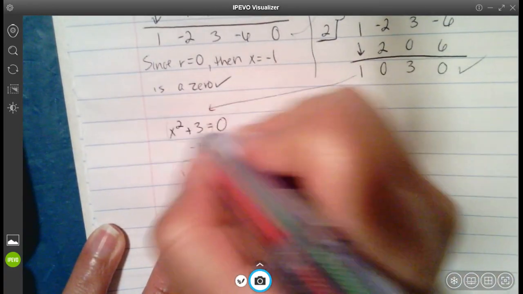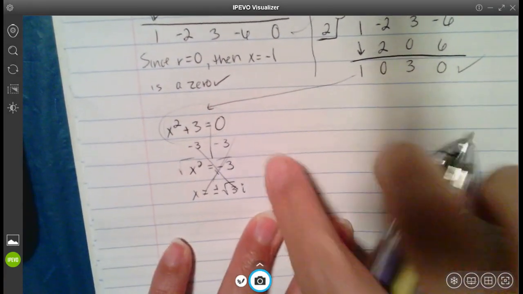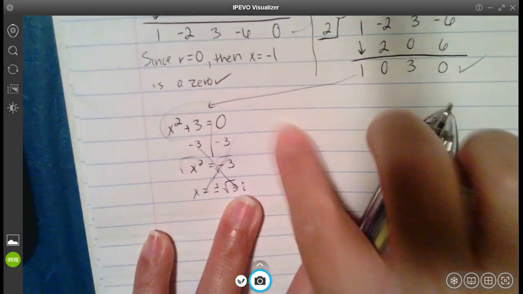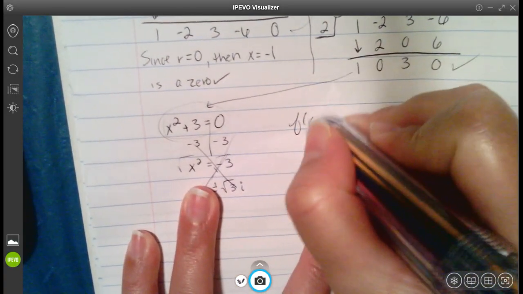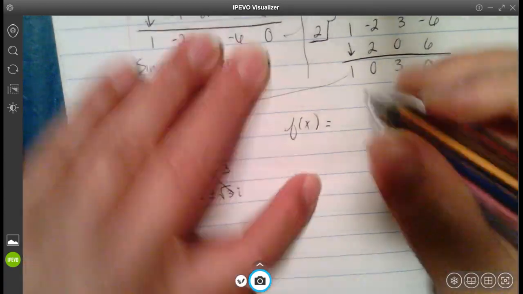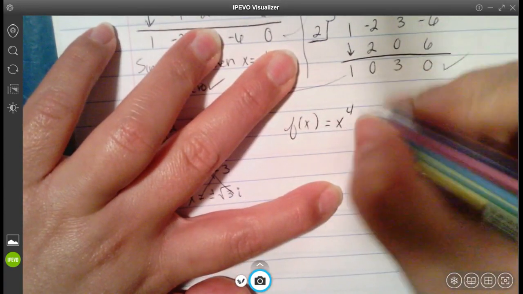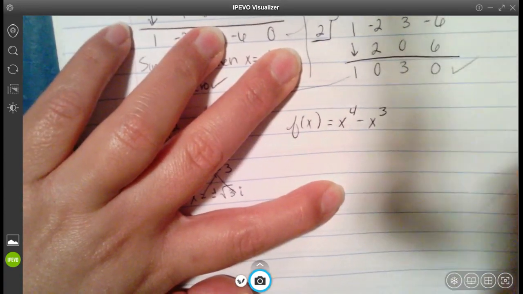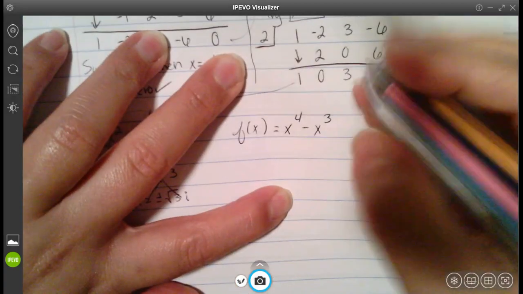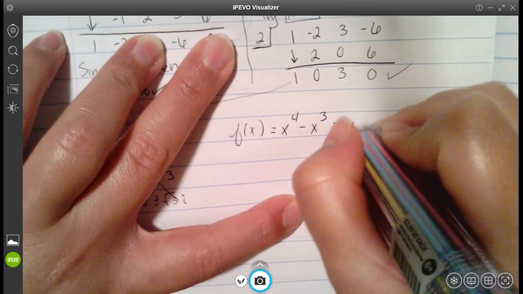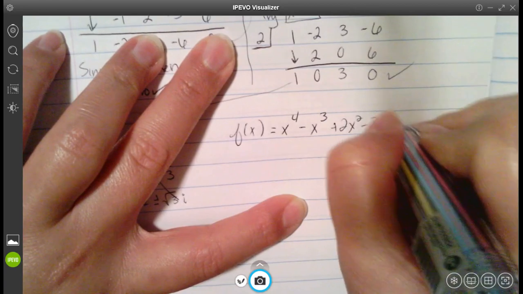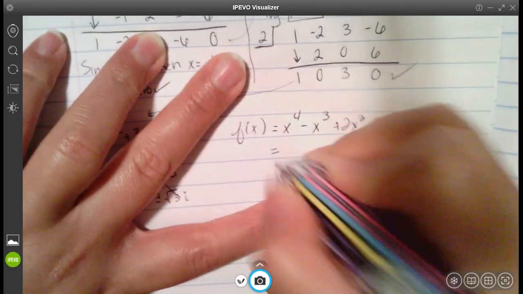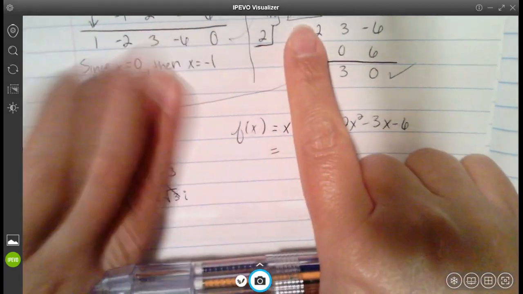So we're pretty much done at this point. What I would do here is say my f of x, which was equal to x to the fourth minus x cubed plus 2x squared minus 3x minus 6, is the same as my two zeros.